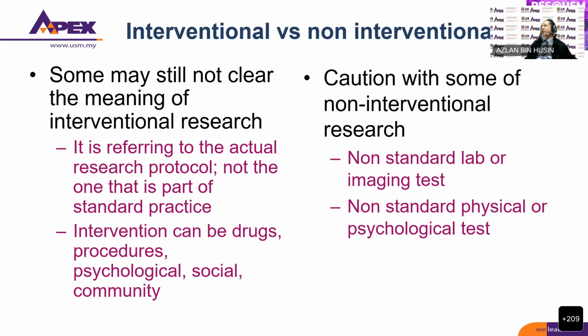For example, if you are doing a certain X-ray, I can only mention what I'm familiar with, but this X-ray is not commonly practiced for that medical condition, then you have to consider that even though this is not interventional, it is observational, who will pay for the X-ray? Who will pay for the ultrasound, if let's say you are using an ultrasound which is not part of the standard practice?